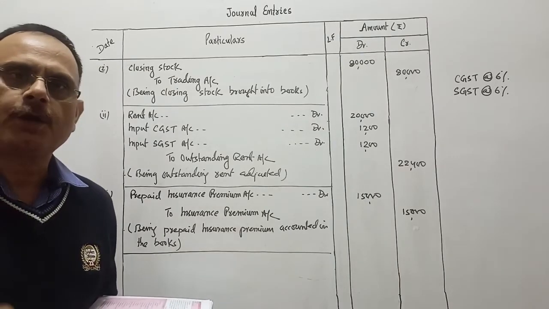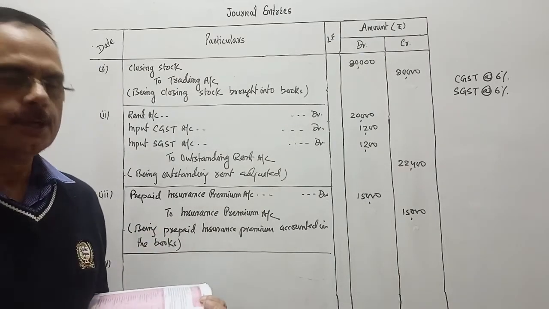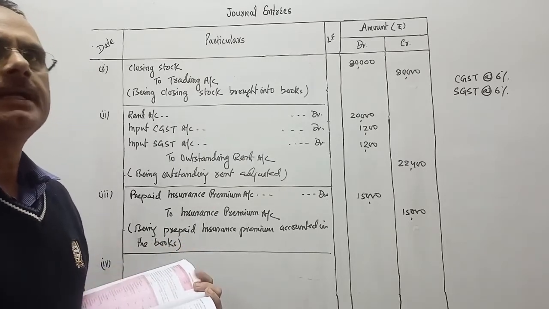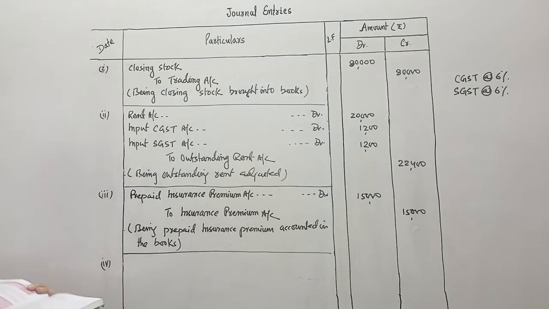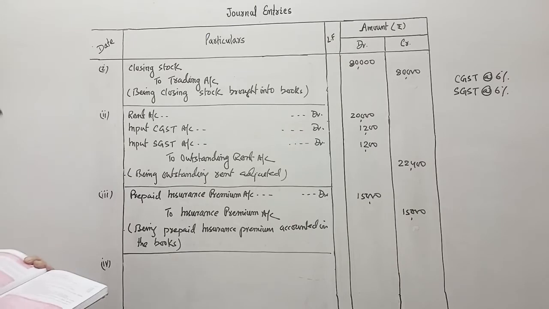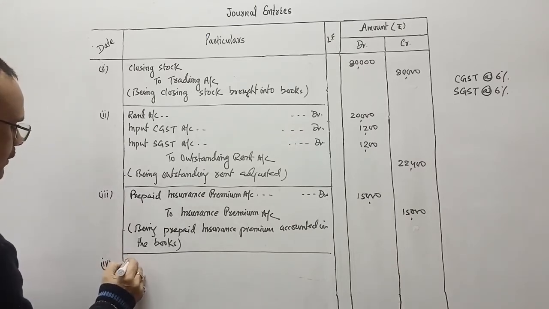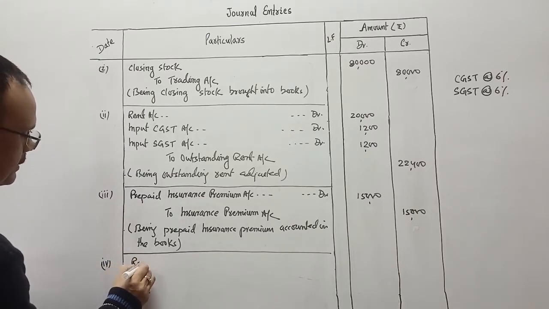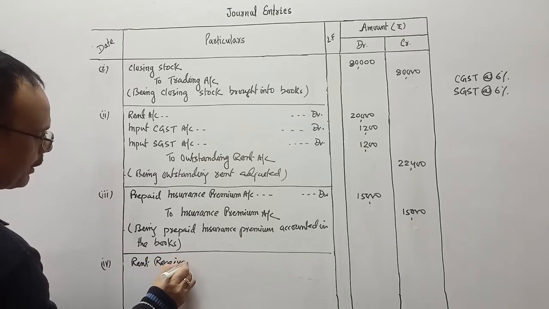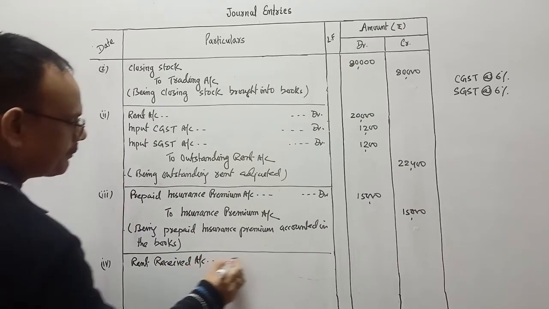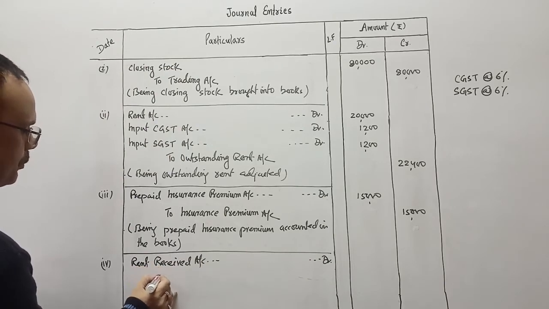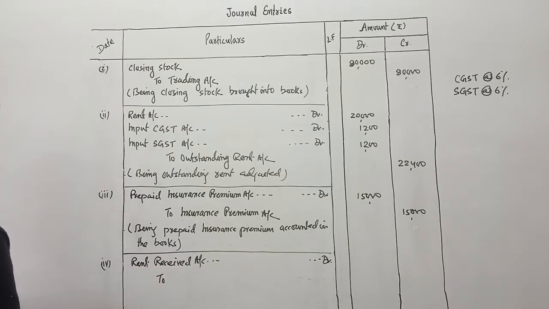So rent received account debit, because we have credited with the larger amount. That's why rent received will be debited.